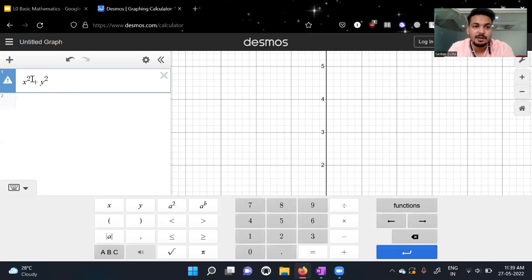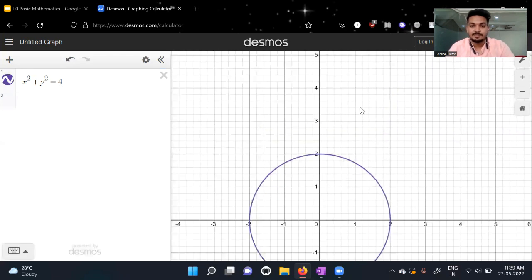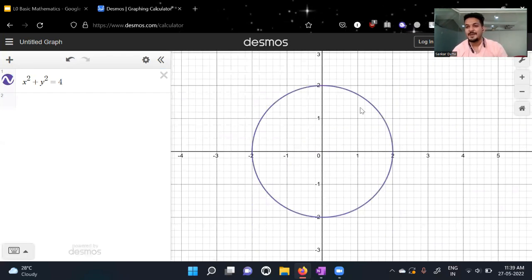I'm increasing the power of x, and I'm also increasing the power of y. So instead of y equals mx plus c, I'm using x square plus y square equals, let's say, 4. See what it became? It became a circle, right? So any kind of figure that you want can have a mathematical analog. We can have an equation to describe that particular figure.